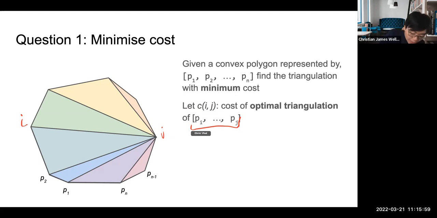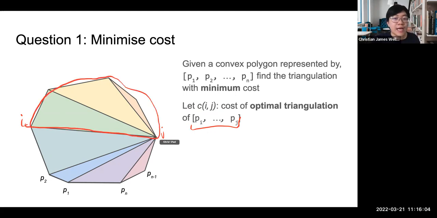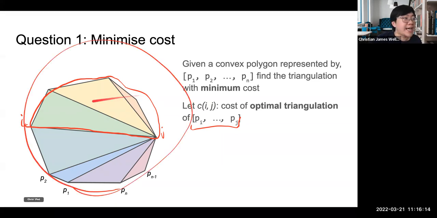What is the optimal way of triangulating this polygon? We are interested in that Cij. Then we want to make use of this Cij to compute the optimal triangulation of the entire polygon. We want to find the triangulation with minimum cost of the entire polygon.